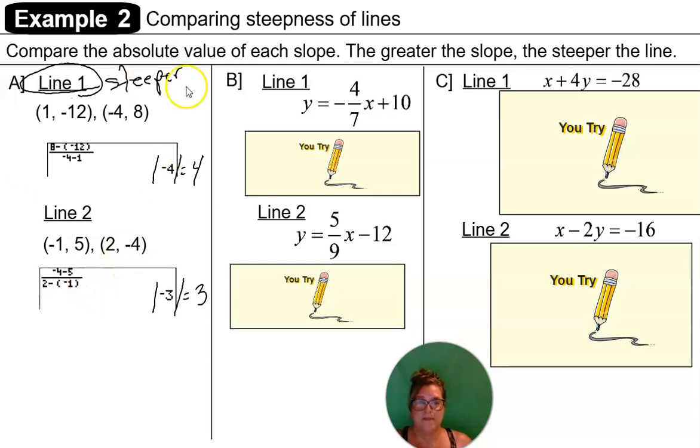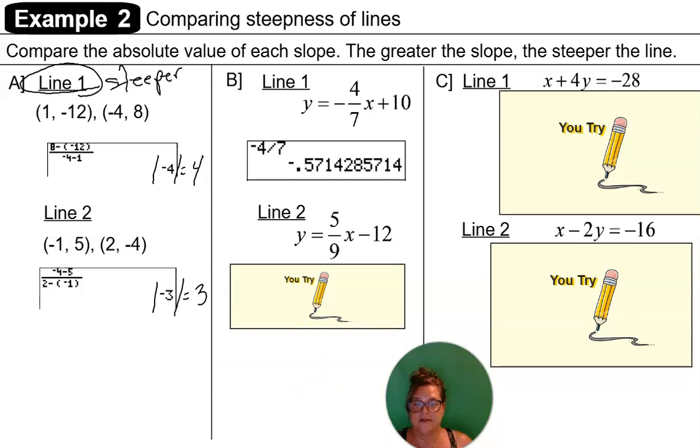Okay, in B, we're already in slope-intercept form. Y equals -4/7 x plus 10. We're going to take the absolute value of that slope of -4/7, and the absolute value of that decimal is approximately positive 0.57.